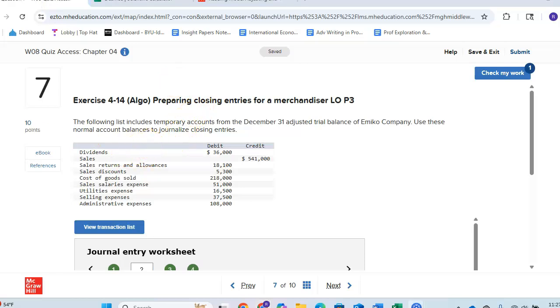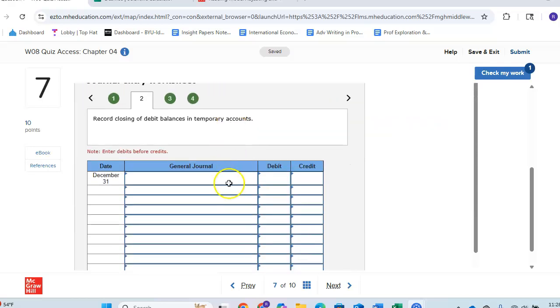So here we can see that it'll be all these: sales returns and allowances, sales discounts, cost of goods sold, and then the various expenses. So we're going to put in each one separately.